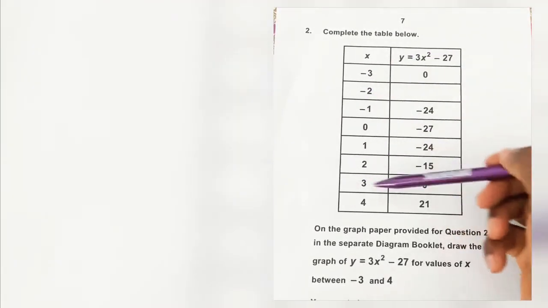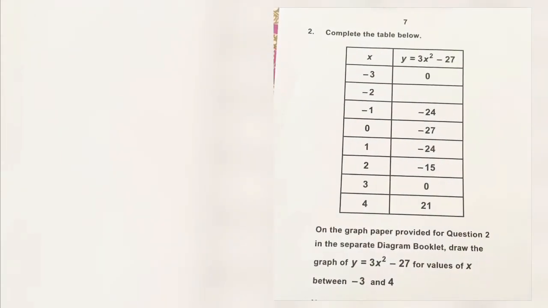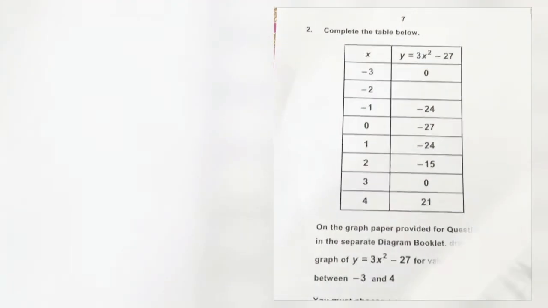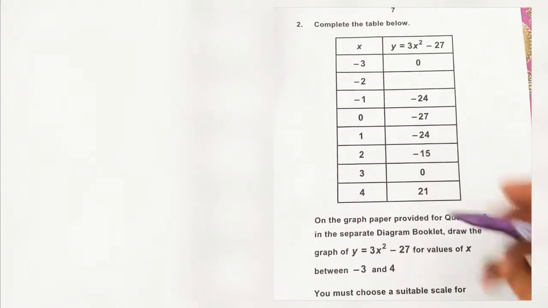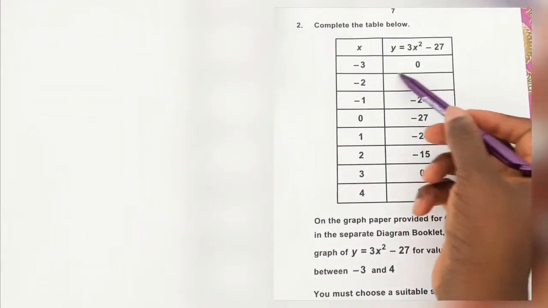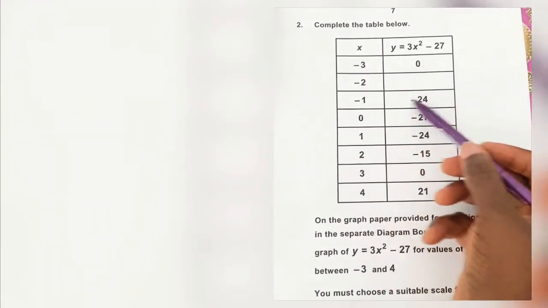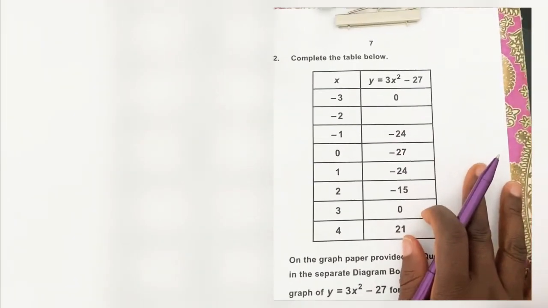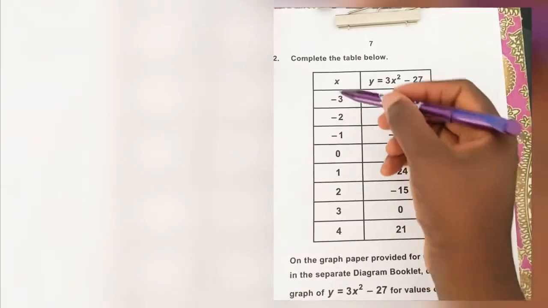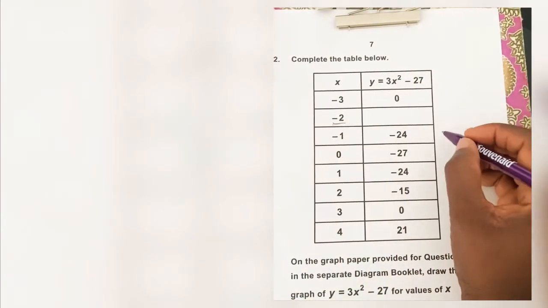It requires you to complete the table, and then it's giving you this graph sheet to draw the graph after you've completed the table. So there's only one missing value here. All we have to do for that is to substitute. We've got x to be equal to minus 2, and y to be equal to 3x squared minus 27.